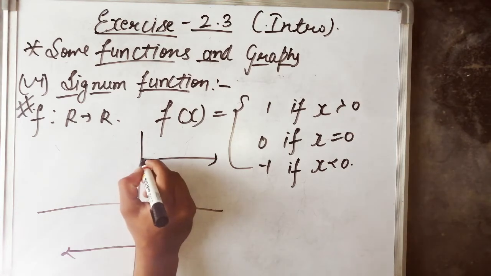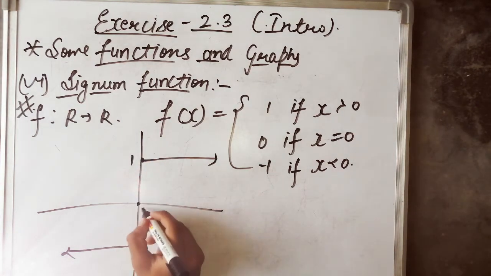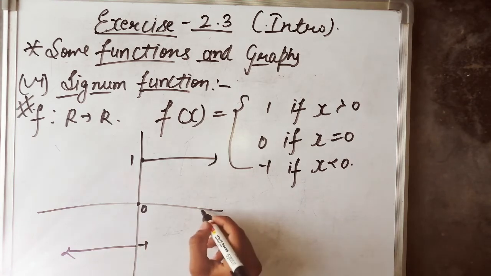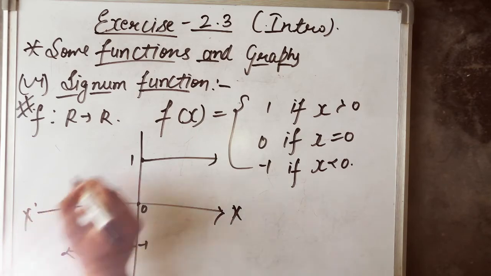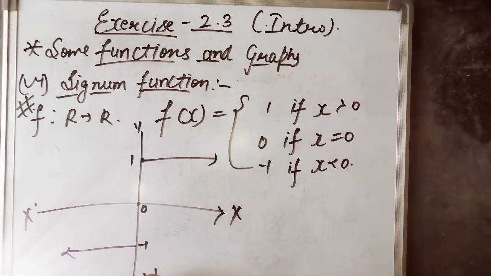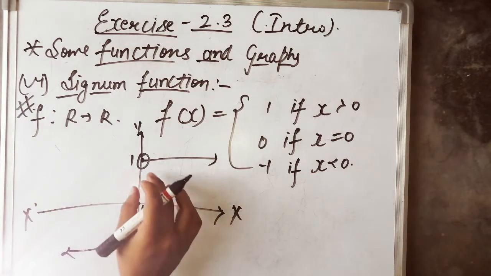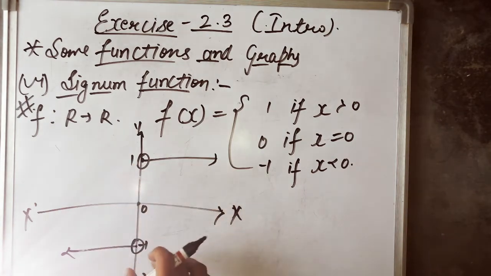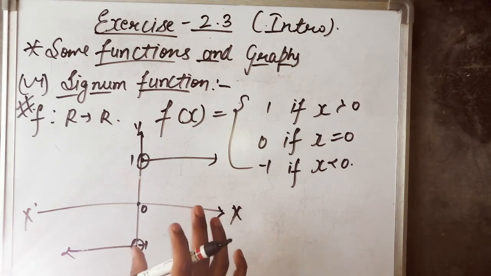The value starts from here, and it is 1, and it is minus 1, it is 0, and x dash, y dash. So why have I made a circle around this dot? It means that minus 1 is not included.